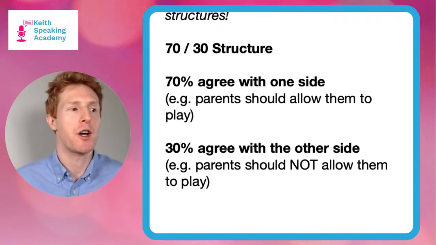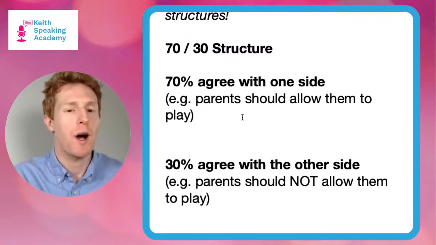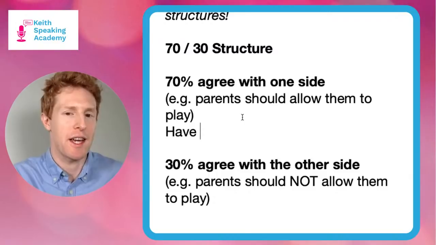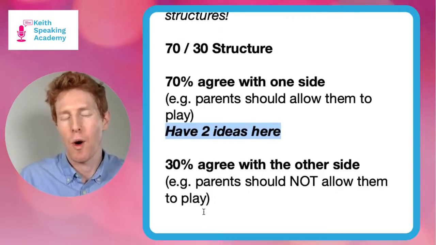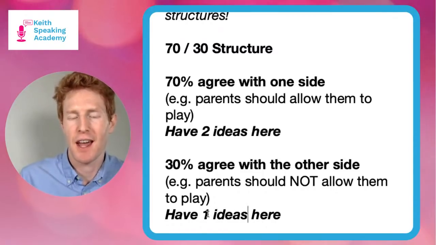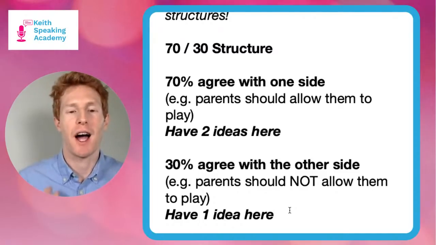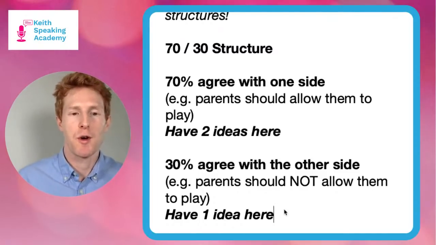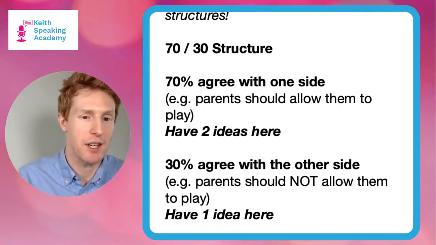So for example, if I agree that parents should allow their young children to play video games, then I would have two ideas for why I think they should let young people play video games. And then I would have one idea why they should not let young children play video games. And that's how many ideas I need in my essay. So by understanding which structure we're going to use, when it comes to brainstorming our ideas, we already know how many ideas we need to think of.